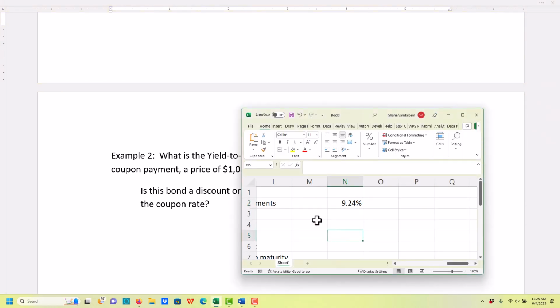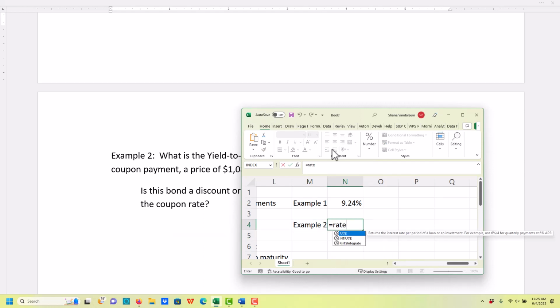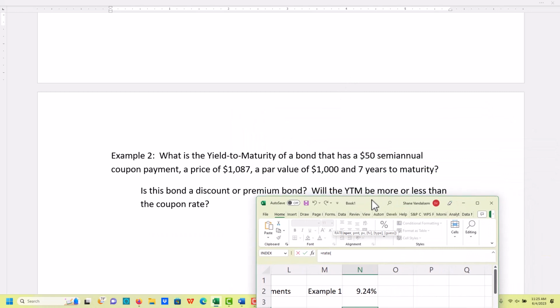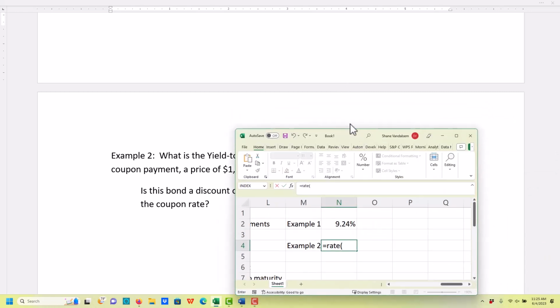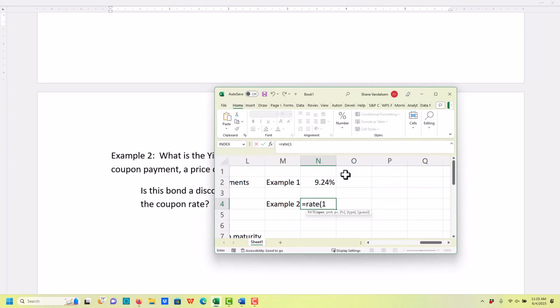So in this case, this is example 2. I'm going to put in equals RATE. My number of periods, remember this is a semi-annual coupon. It has 7 years to maturity, but we're going to make this 14 periods because that's the number of payments I'm going to receive.